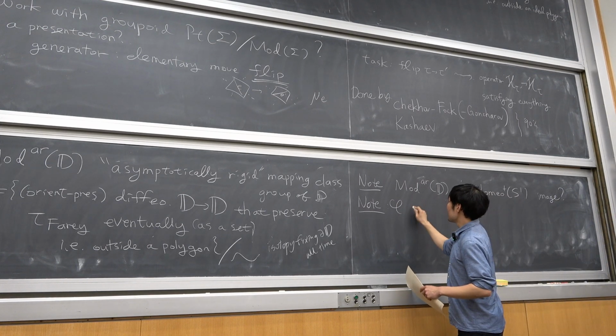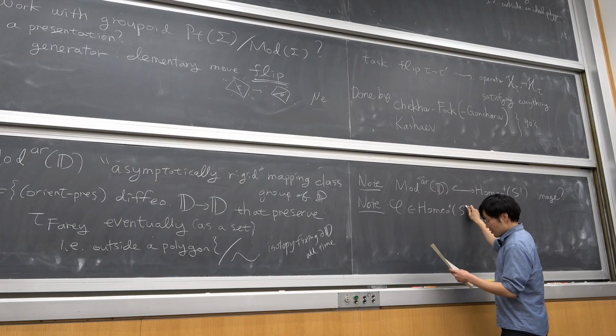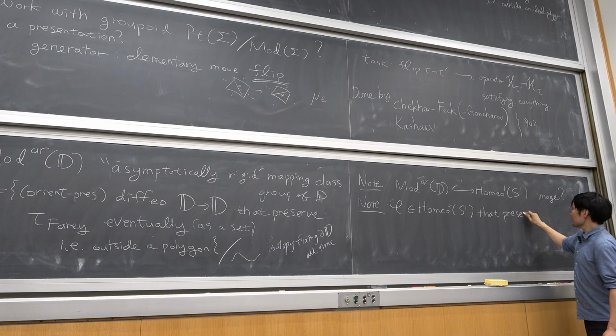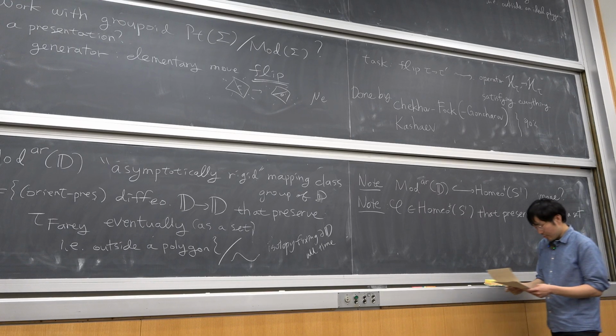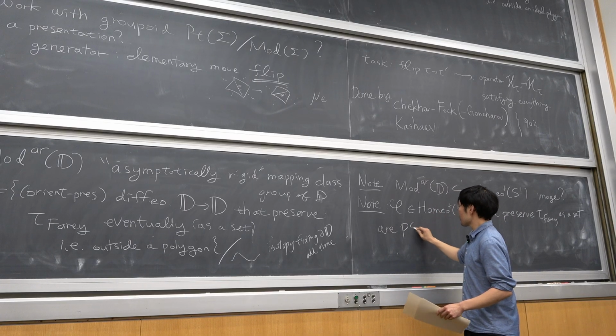Those ones that preserve the Farey as a set on the nose are exactly coming from the PSL2Z transformation of the open unit disk.